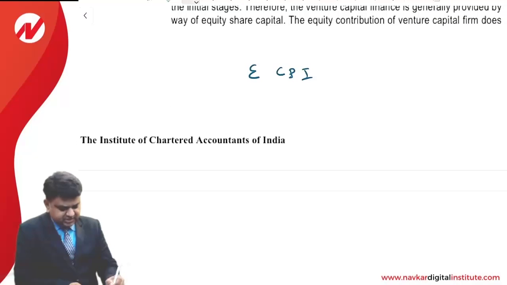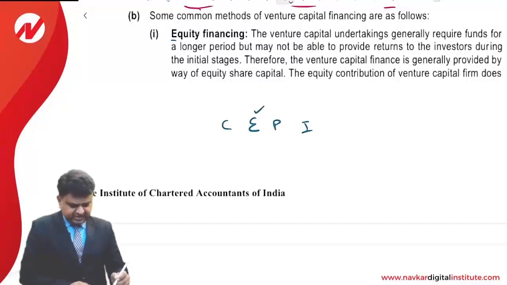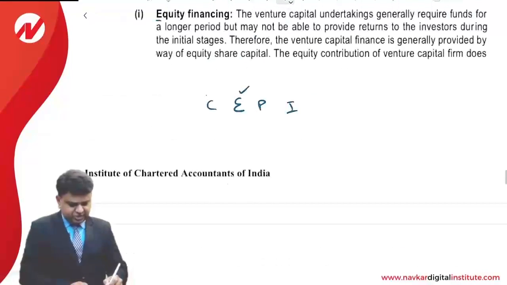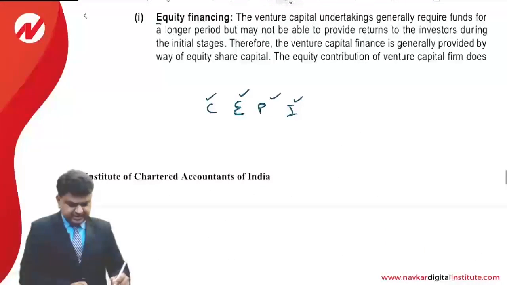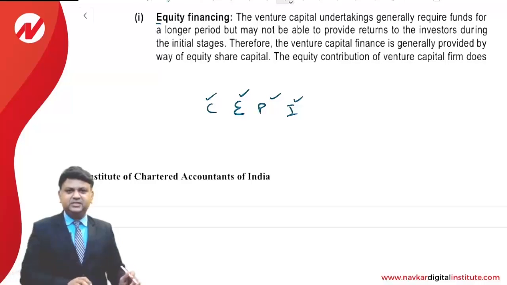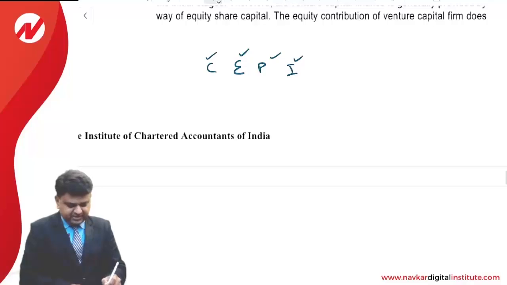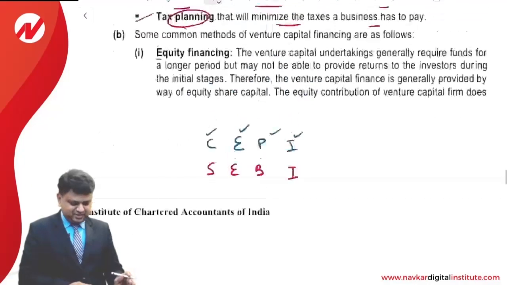So these are the methods of financing. Let me read that once again. It is equity financing. The second is the conditional loan. Next is the income note, and the last is the participating debenture. So it is something like SEBI, or you may remember it as SEBI, that word that you come across a number of times. With SEBI, you may remember this like the heading.